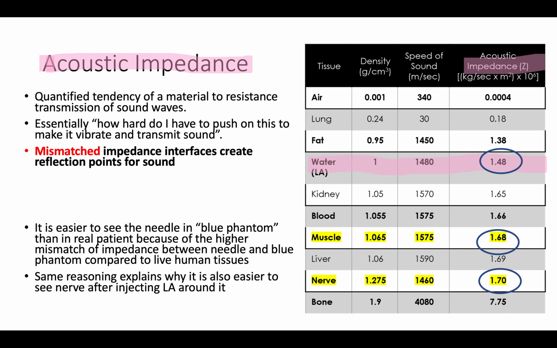Again, because the mismatch in impedance between Blue Phantom and the needle is much higher than the mismatch between the needle and live tissues. So after you master Blue Phantom, start practicing on meat, and then you will be comfortable on patients.